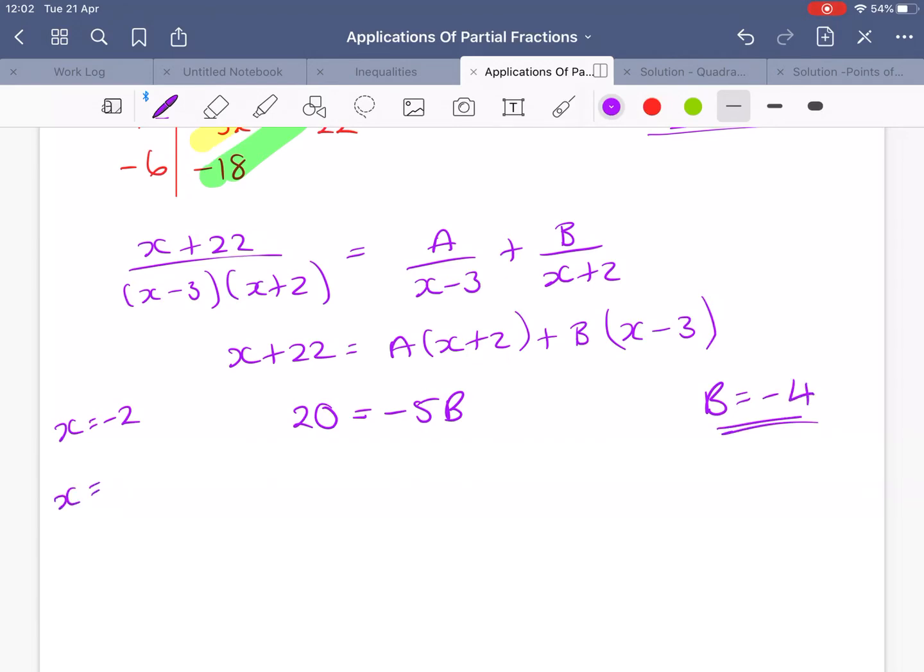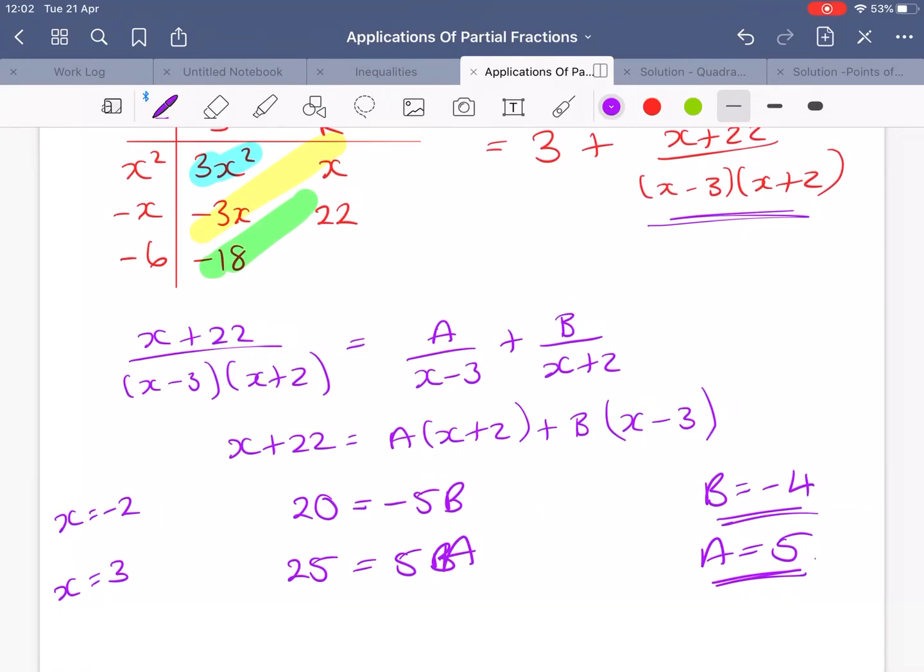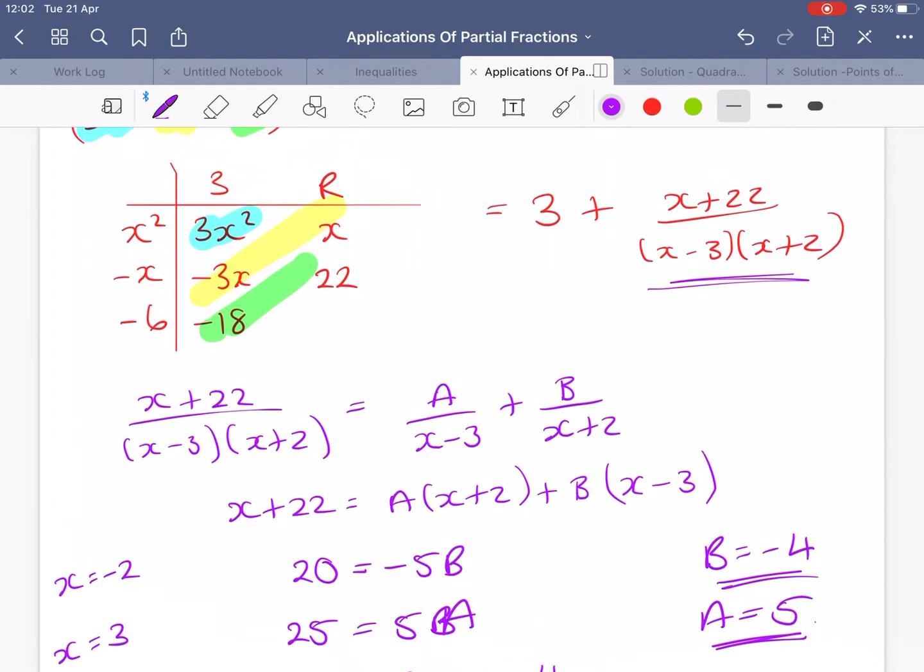And then I'm going to try let x equal 3. So I'll get 25 is equal to, in this case the b term has disappeared, and I've got 5a. Therefore a is equal to 5. So what is my final answer? I have got 3 plus 5 over x minus 3 minus 4 over x plus 2.